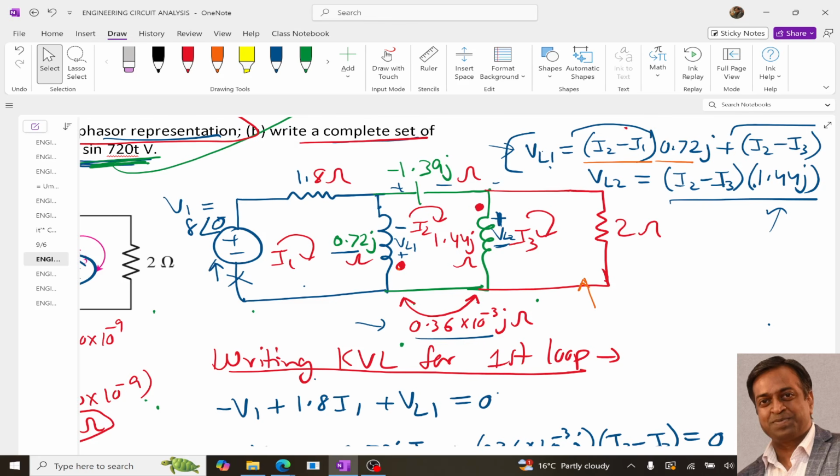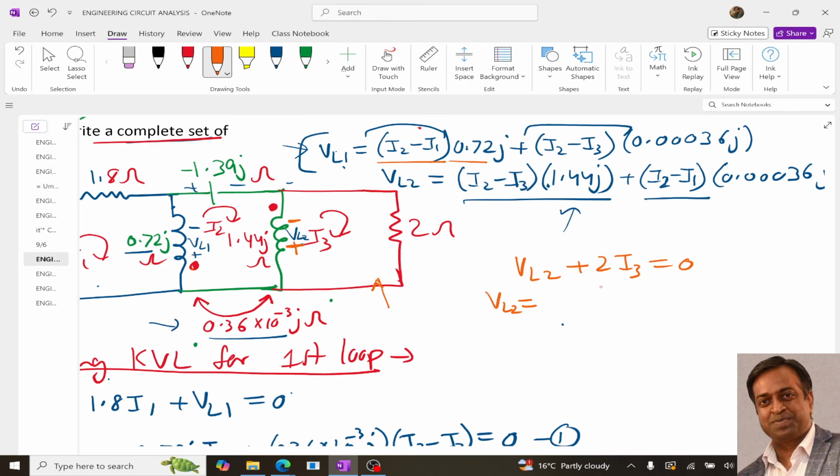Over here, again changing the polarity, we take plus over here and minus over here, right. So it will be VL2 plus 2I3 equals to 0. Now VL2 is due to the self inductance.